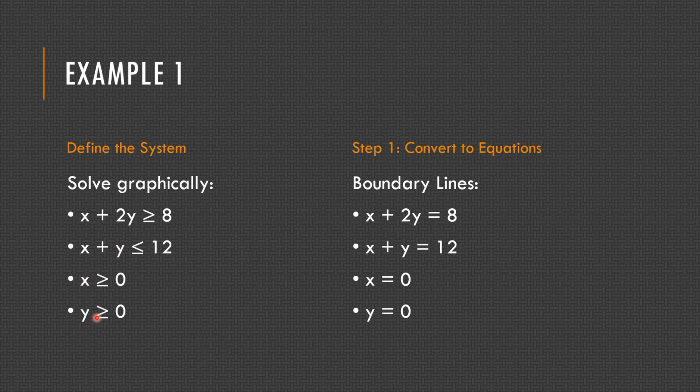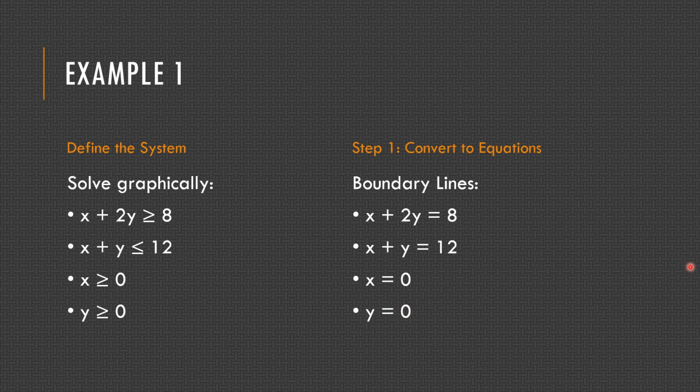Then x greater than or equal to 0, y greater than or equal to 0. So what we have to do, we need to convert all these inequalities into equation form with the use of equal to. So look at how it has been arranged here. The inequality signs are off, then equal to signs have been put in their place.